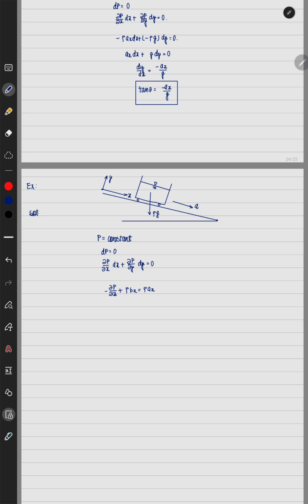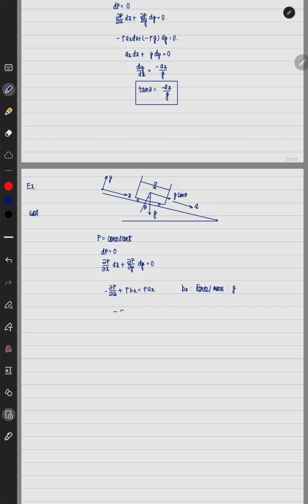Bx is the force per unit mass. So force per unit mass is given by g. Now the g is acting in the downward direction, and this is the angle theta. So what is the force acting in this direction? That is given by g into sine theta.